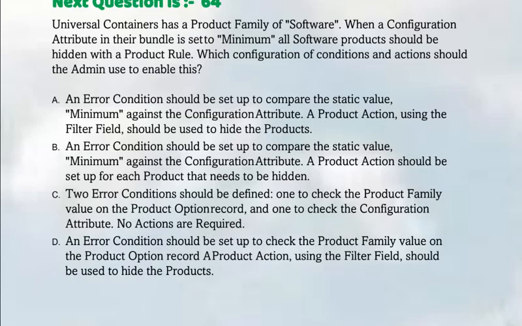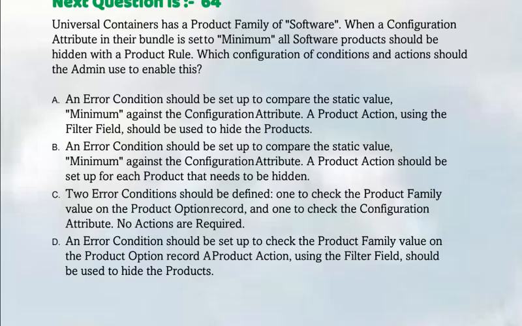Option B, an error condition should be set up to compare the static value minimum against the configuration attribute. A product action should be set up for each product that needs to be hidden. Option C, two error conditions should be defined, one to check the product family value on the product option record and one to check the configuration attribute.